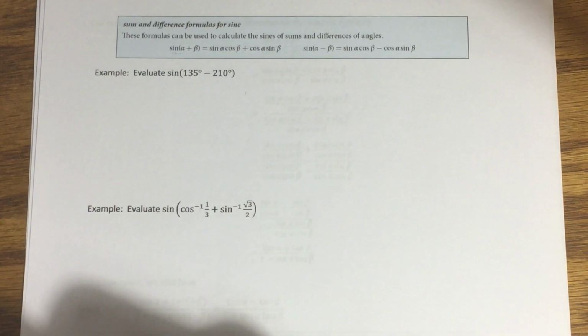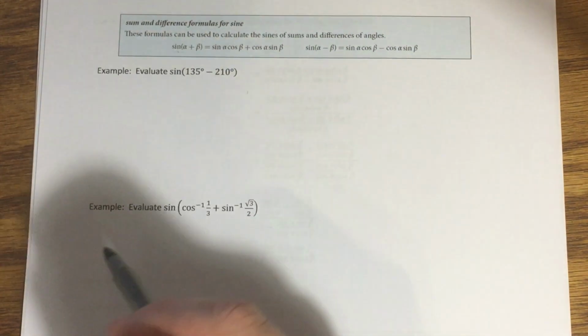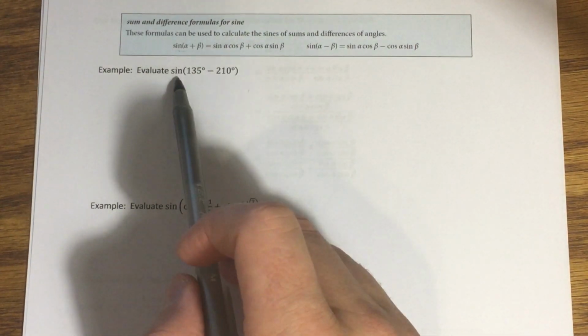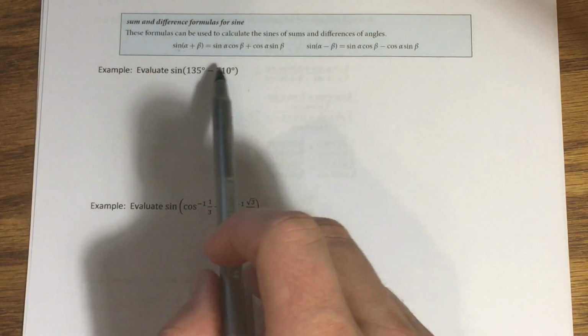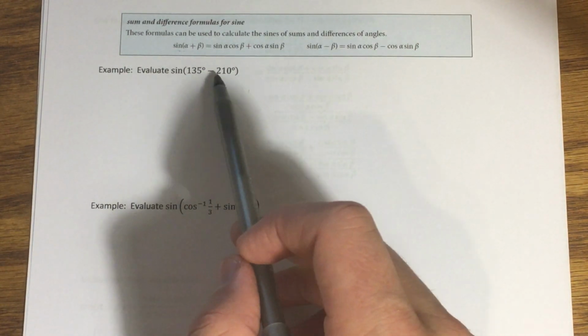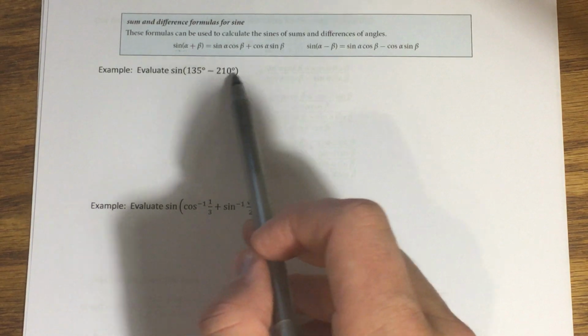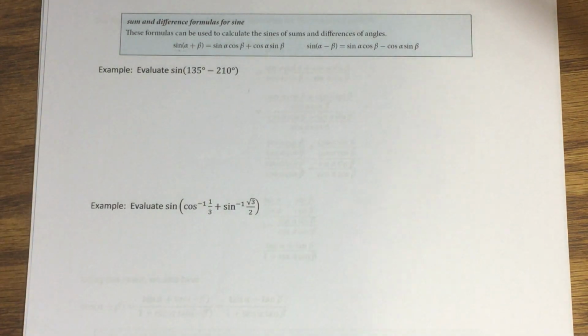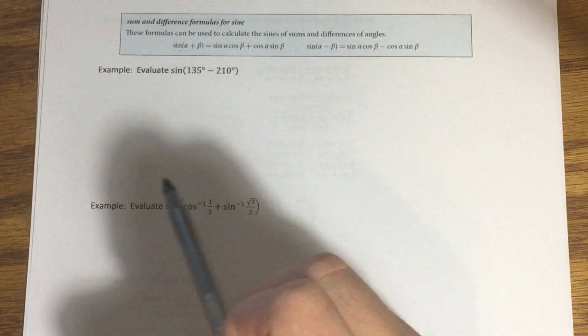All right, so here's another example, similar to what we did in the cosine example, but we just use the sine identities now. So sine of 135 minus 210 degrees. Now I could do the subtraction directly and then try and take the sine after that, but let's practice using our difference identity for the sine function, since we do have a difference here.